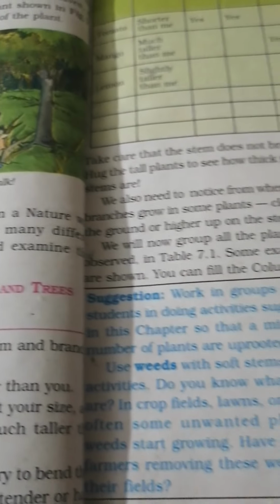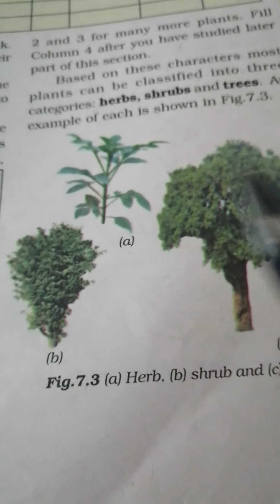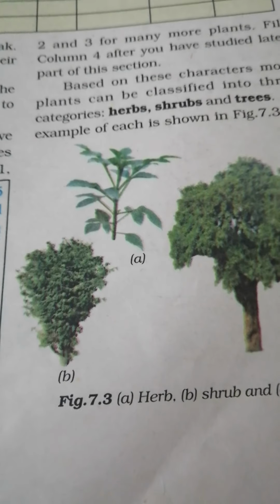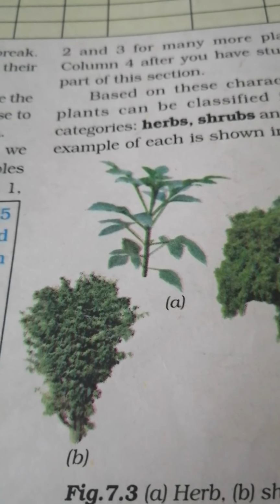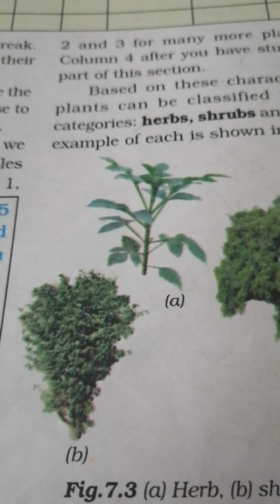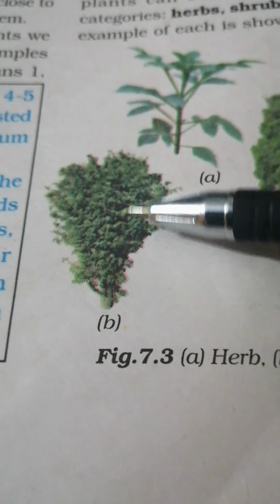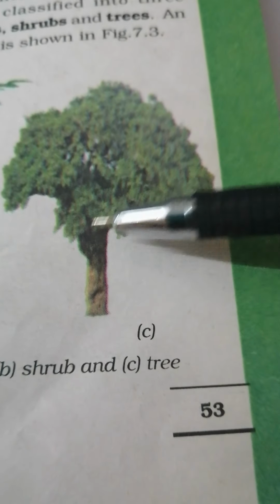Herbs are very small plants, and their other structures grow at a very low level of the plant, and they have a very soft stem. Shrubs are also small plants, with a woody stem and a bushy look. A tree is a very tall, very big plant.